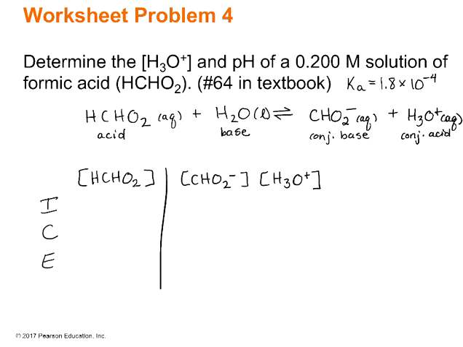Now, starting with the initial row, we were told that the initial concentration of formic acid is 0.2 moles per liter. And as before, we can assume that we don't have any of the product. And we have approximately 0 hydronium ions.